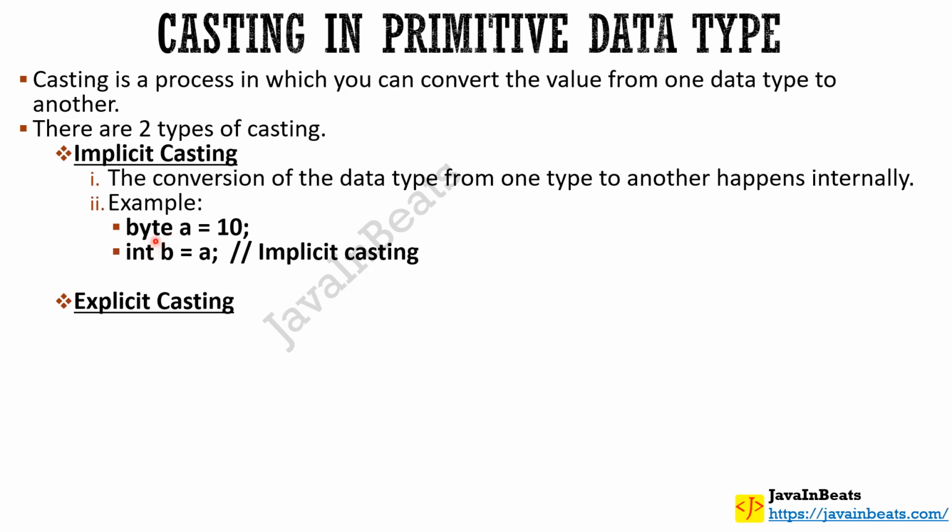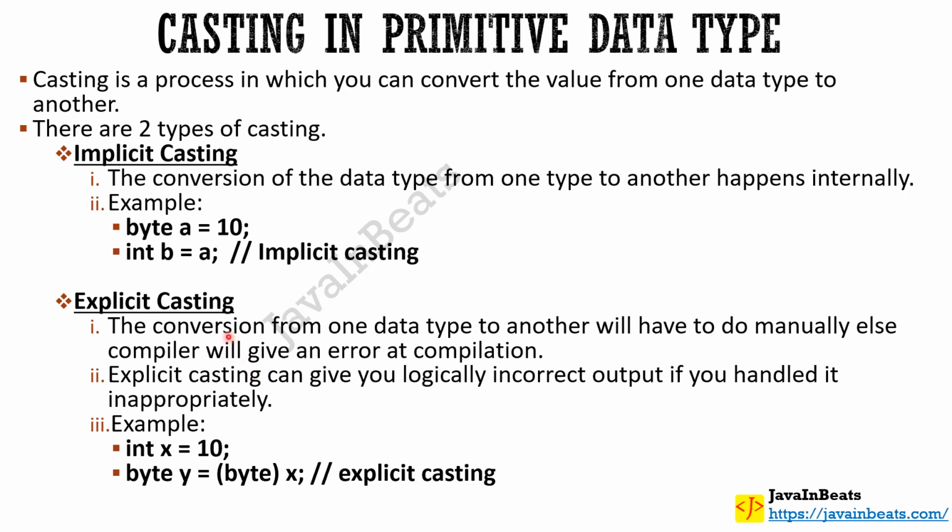So it is easy to convert these 8 bits of data into 32 bits, which happens internally. But if you want to do the reverse, that means converting an integer value, which is 32 bits, into 8 bits, then we need explicit casting. In that case, Java doesn't support this casting internally.